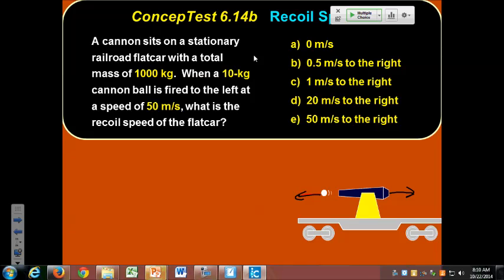This will be the mass of the cannonball, which is 10 kilograms, times its velocity, which is 50 meters per second. And it has to equal then 1,000 kilograms times VF. These have to be equal. Solving that, 500 is 1,000 times 0.5 is our final velocity. So B is the right answer.